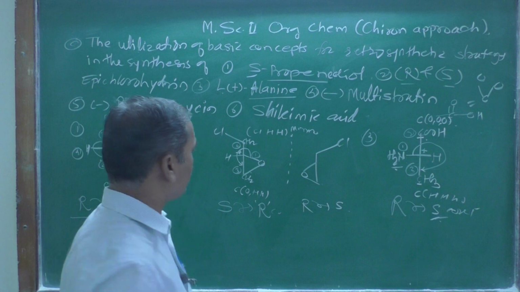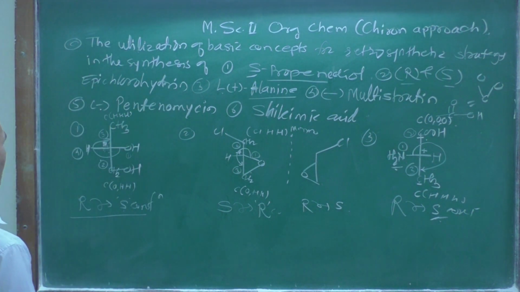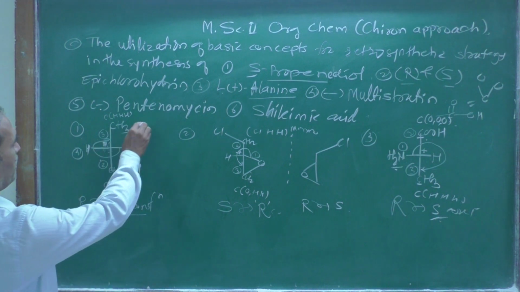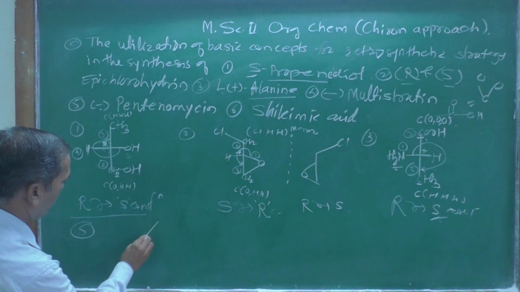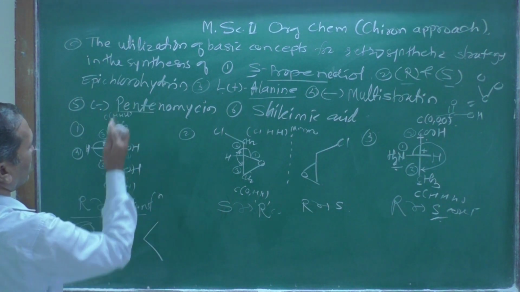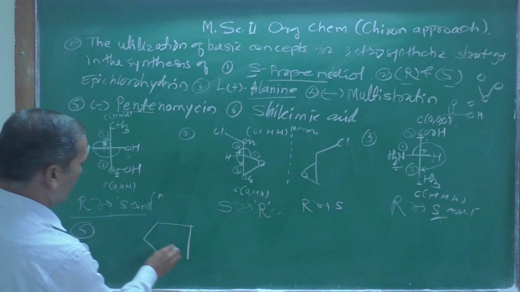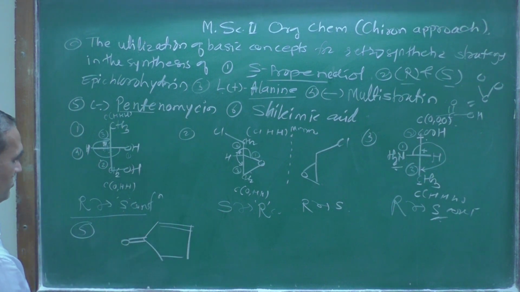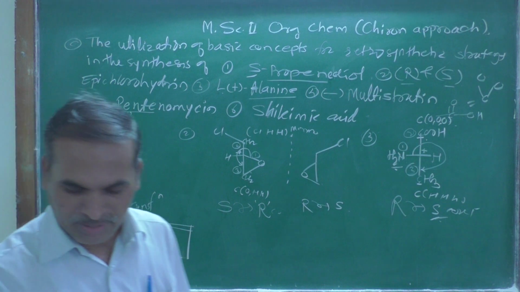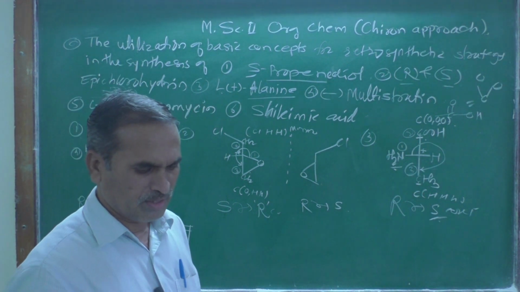The next one, the fifth, is the structure of minus pentenomycin. Penta indicates a 5-membered ring, and that 5-membered ring has this type of compound. The structure of pentenomycin will be this one.